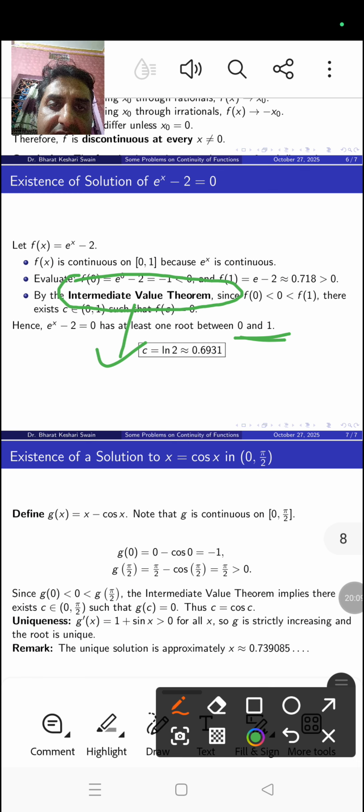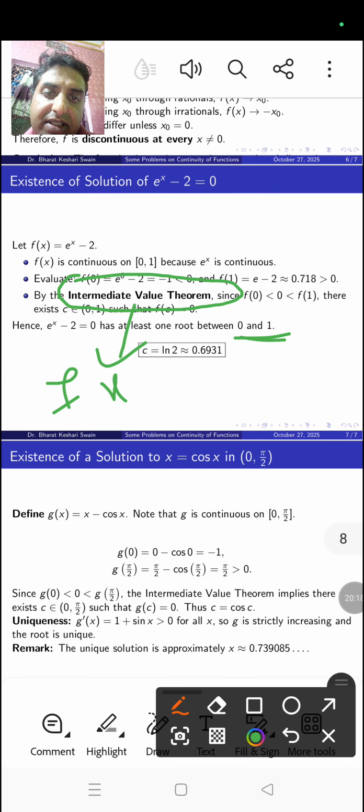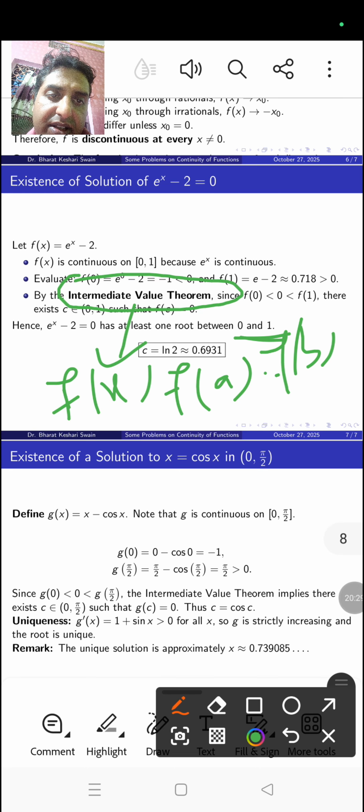This theorem says that if f is a function, and suppose there are 2 points a and b such that f of a times f of b is less than 0.